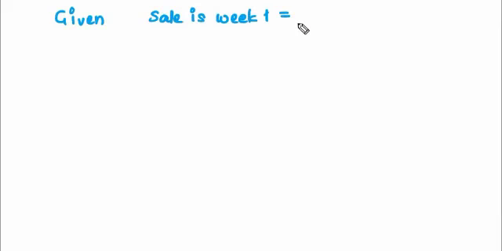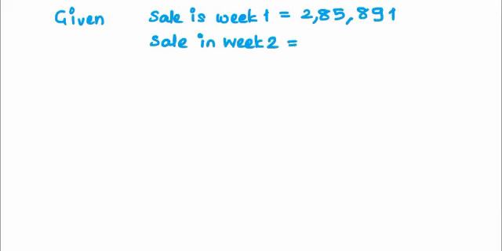Sale in week 1: 2,85,891. Sale in week 2: 4,768. So now we want to know what is the total sale, which is equal to sale in week 1 plus sale in week 2.